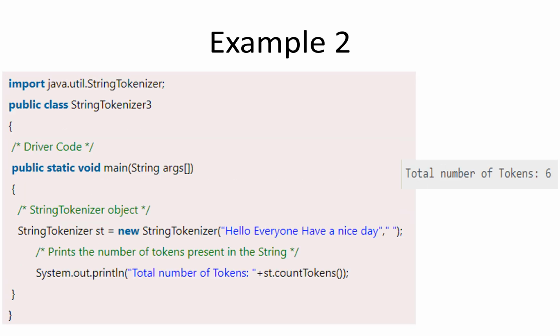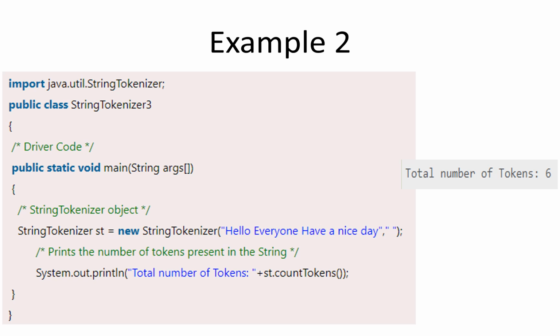Next example, we can use the method countTokens. As usual, import java.util.StringTokenizer, public class name, public static void main. Here we are instantiating the StringTokenizer object, and then we are printing the number of tokens. How many tokens are available? Based on this delimiter, we are not printing the tokens, we are printing the number of tokens alone.